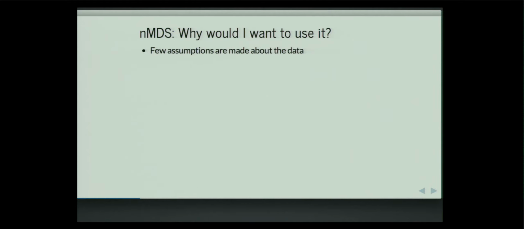You can use many different data types, and most any distance metric can be used in non-metric multidimensional scaling. It also pairs really nicely with clustering. If you wanted to cluster something beforehand, non-metric multidimensional scaling is a good way to sort of verify that.